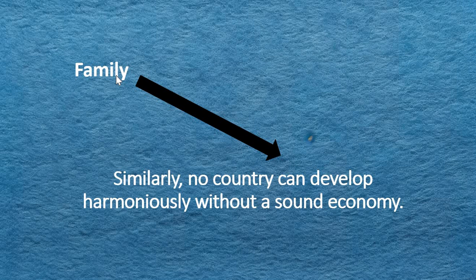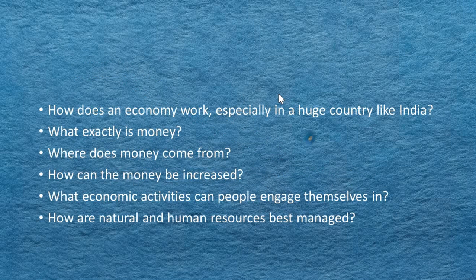Well, so just like family has various needs, so country has also various needs, and basically we need to develop harmoniously. The country can develop harmoniously with a good economy itself. Otherwise, there will be trouble.